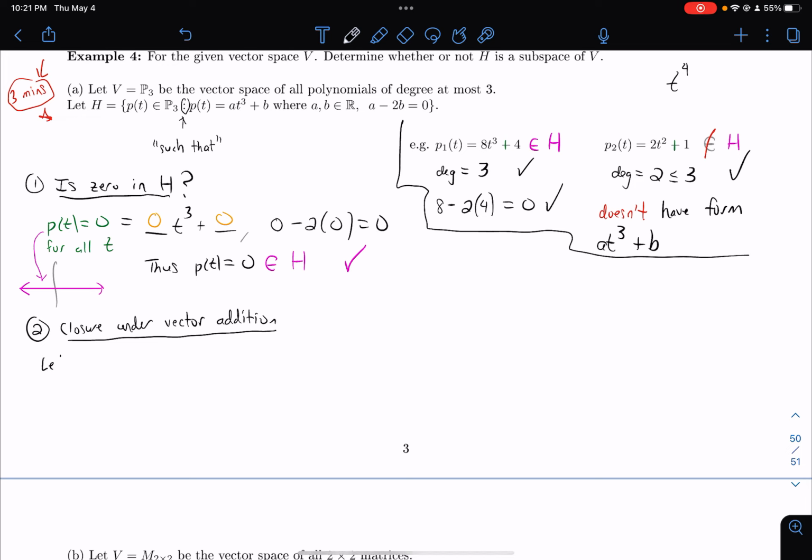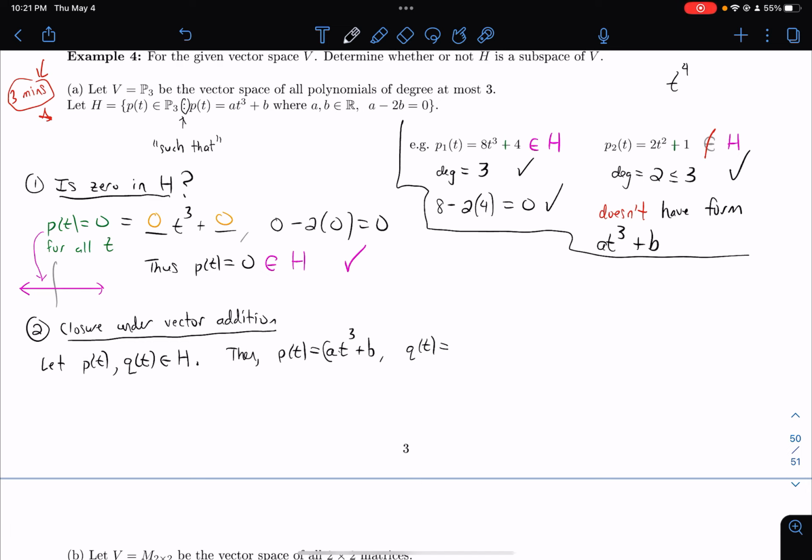So let P of t and Q of t be polynomials in H. What does that then mean? Well, that means that they both have that form. P of t looks like a t cubed plus b, and same with Q of t.